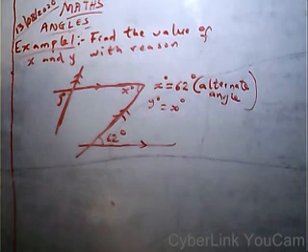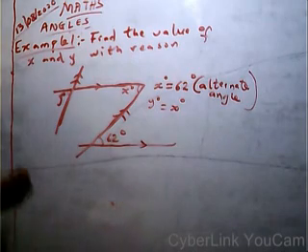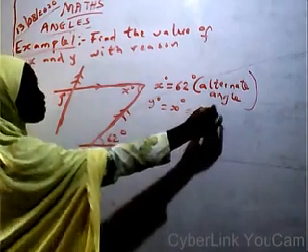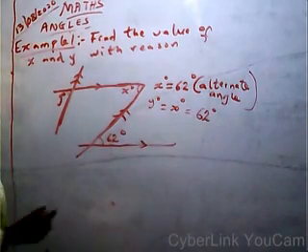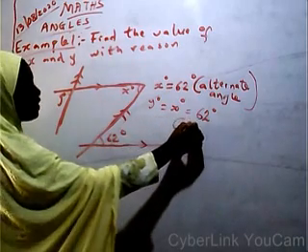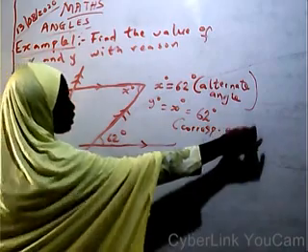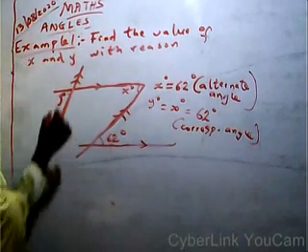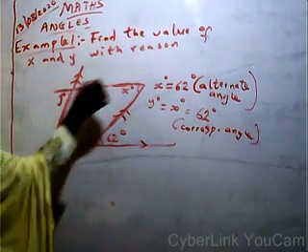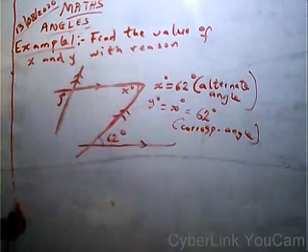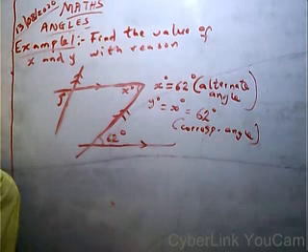And don't forget my x is 62. Therefore, my y will also be 62 degrees. What is my reason? Corresponding angle. Can you see? You have another one here, and you have it there. Corresponding angle. I hope this is clear to you.